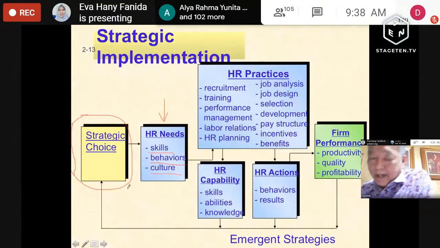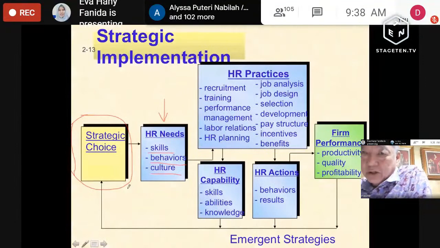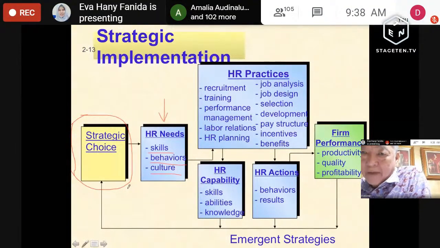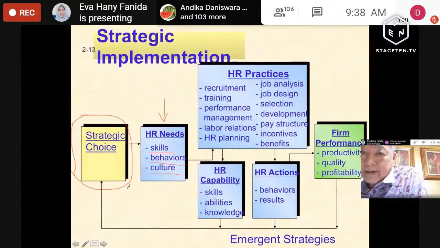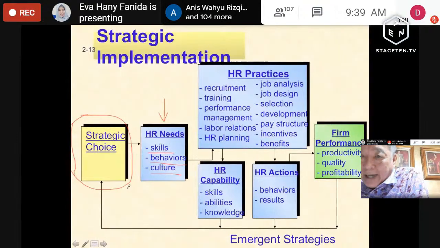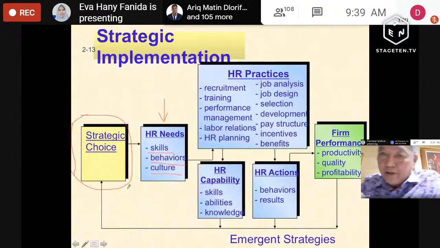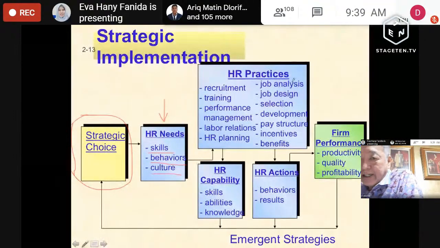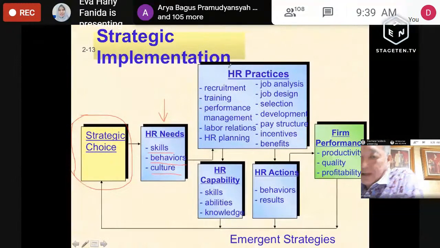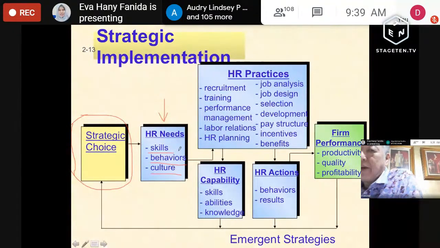Please just remember skill, behavior, and culture, in order to realize the company goal. And so the second box is human resource needs: what kind of people we need according to the different strategy that we chose.